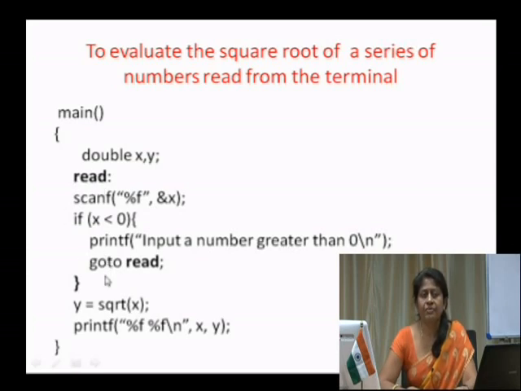So, when the program is executing this particular statement goto read, it provides an unconditional branch over here, and then it goes back to the read label. So, again you are going to read the variable, and after that you are going to calculate the square root of that particular variable and print out the result.